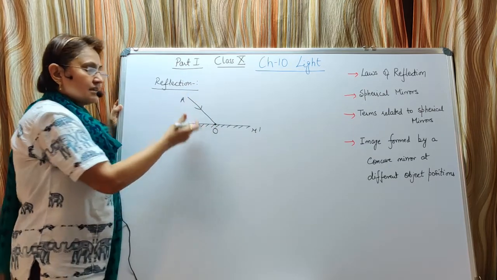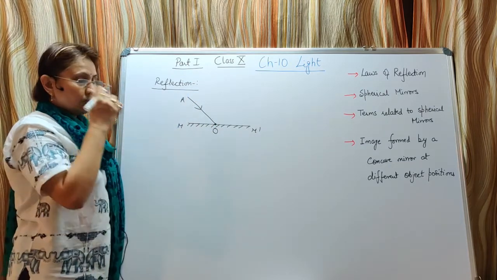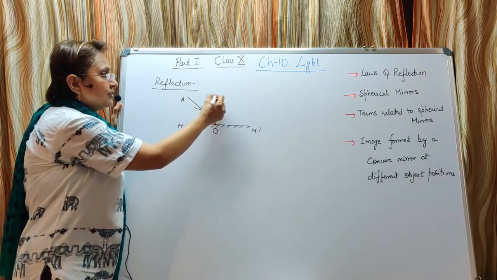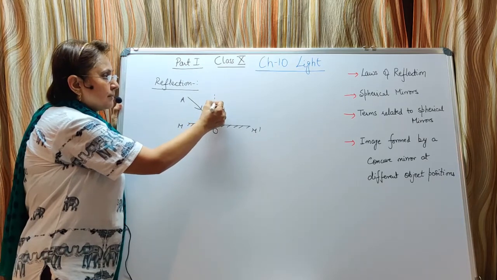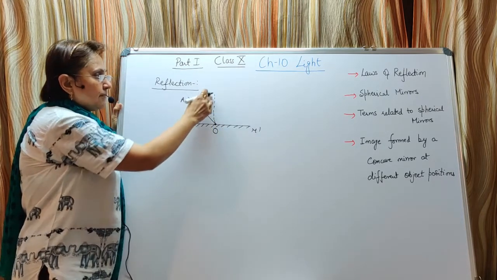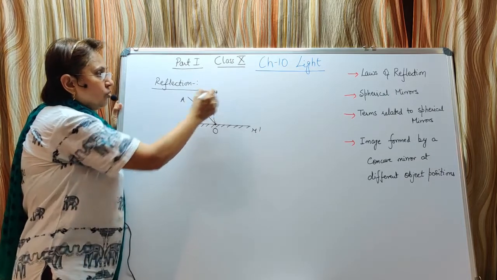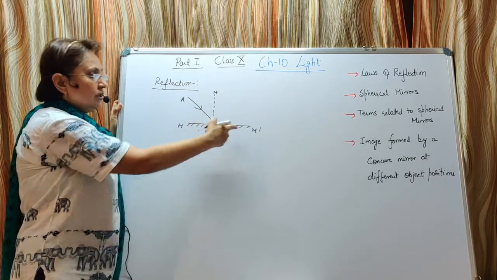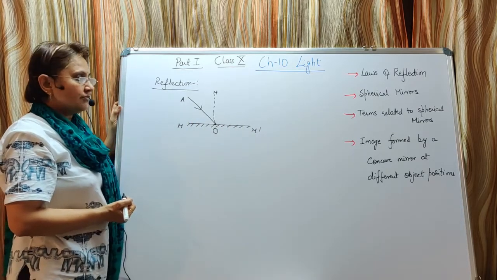Which ray? Let us consider it to be AO. So AO is called the incident ray. At this point of incidence, we draw a perpendicular to the surface of the mirror. This perpendicular NO is called the normal, because it is drawn normal to the MM dash surface.